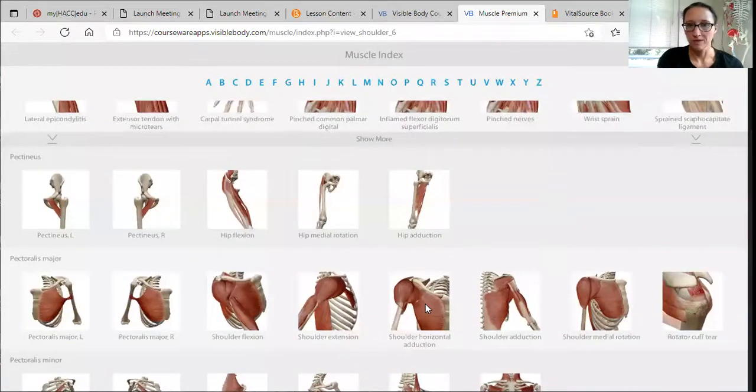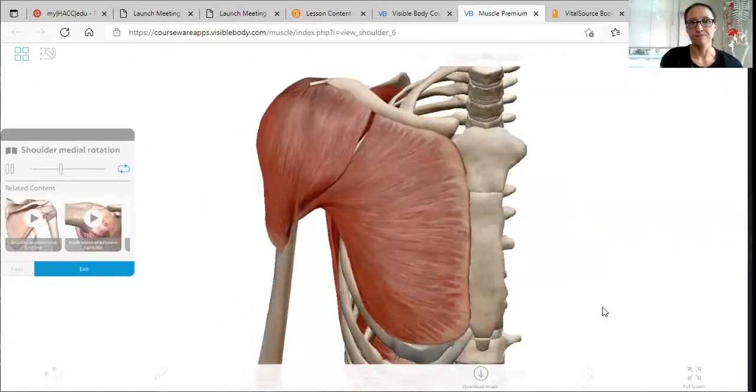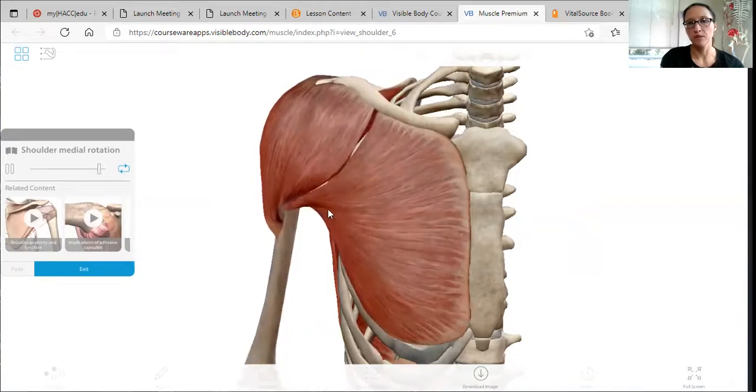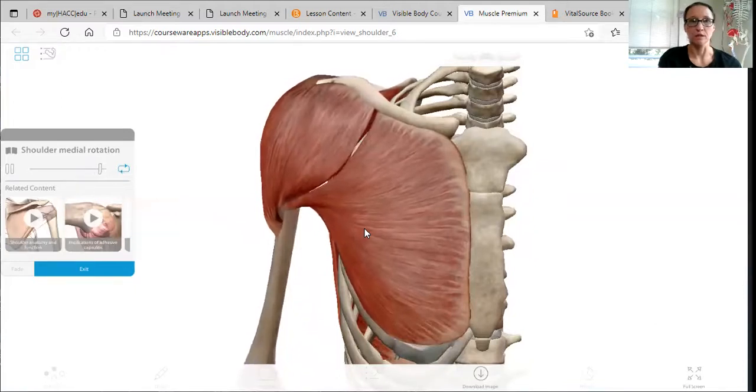Okay, well, anyway, let's do medial rotation. There it is. Okay, so you can see the fibers of pectoralis contracting and providing medial rotation.